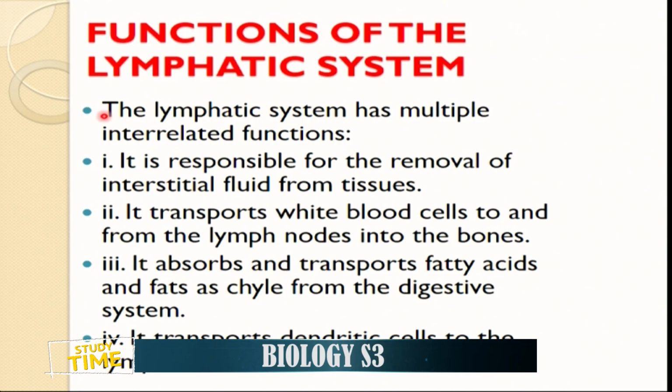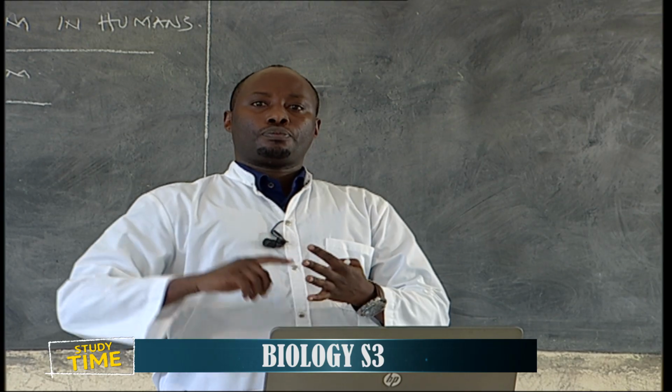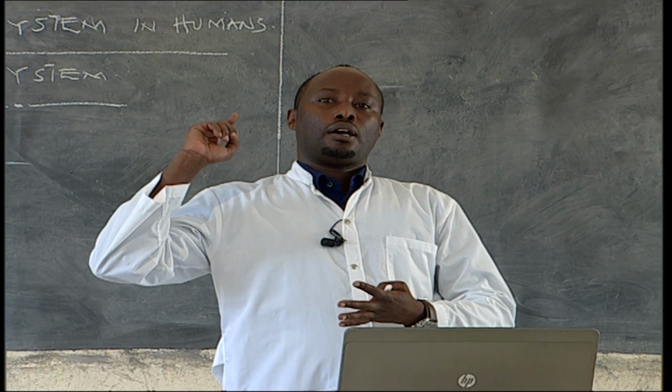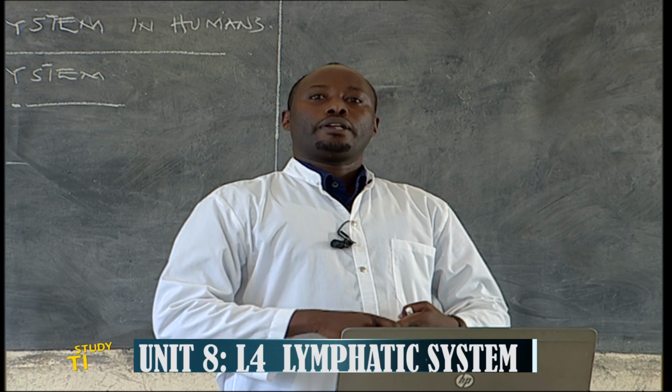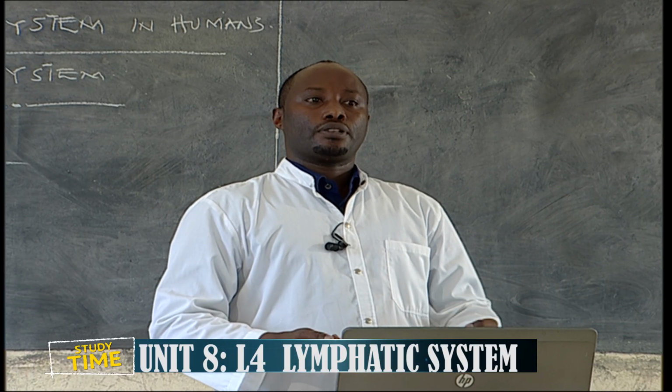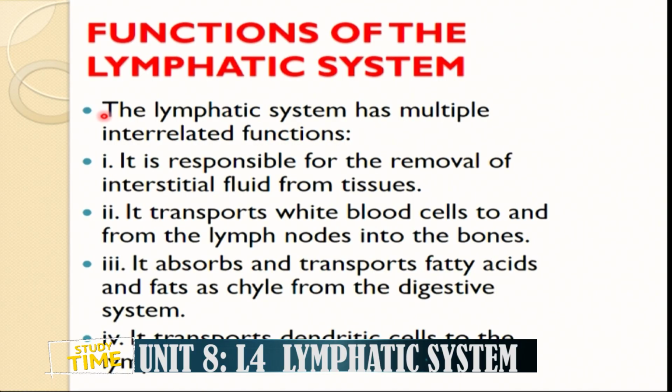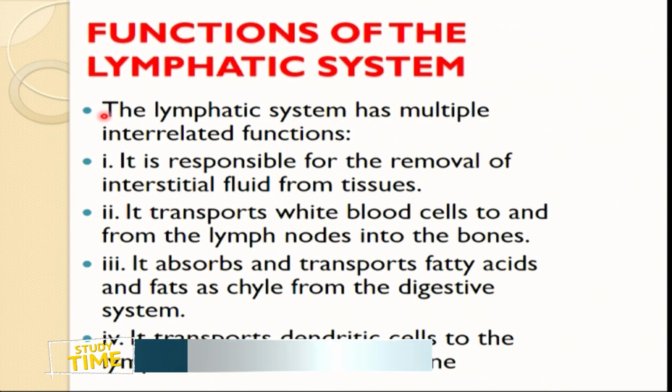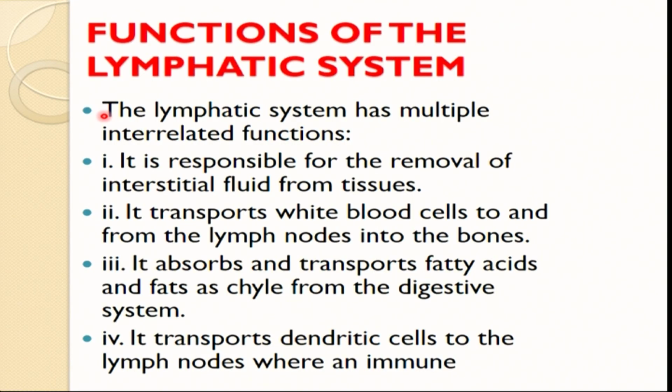Simply put, it acts as a drainage system, removing waste products from the body, and it releases white blood cells, the lymphocytes, which protect the body through the immune system. It transports dendritic cells to lymph nodes where an immune response is formed.